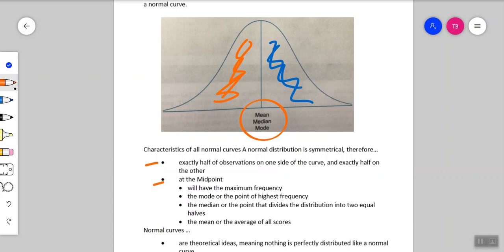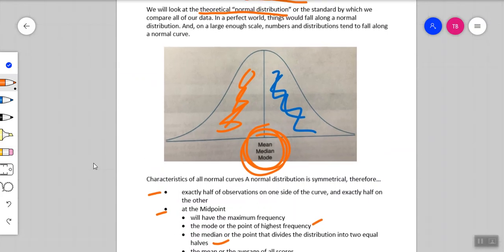Further, at the midpoint, so we're talking about this middle point right here, you will have the maximum frequency. And if you recall, that's the mode, the value with the highest frequency. You also have the median, and remember median is exactly the 50% mark. And you also have the mean, so the average will also be here. So that's a unique thing we're going to take a look at. So just to pause and think about that, that all these things are going to be the same: mean, median, and mode.